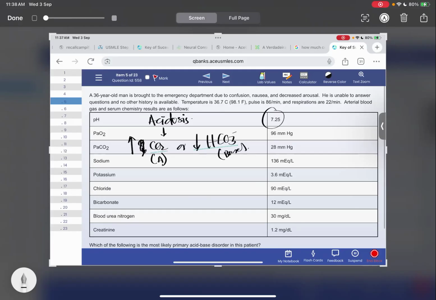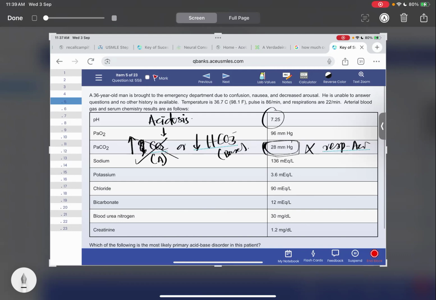Now look into the question. What do we have? Carbon dioxide is decreased, low. So it is not the cause of respiratory acidosis. We don't have respiratory acidosis, so carbon dioxide is not the cause.